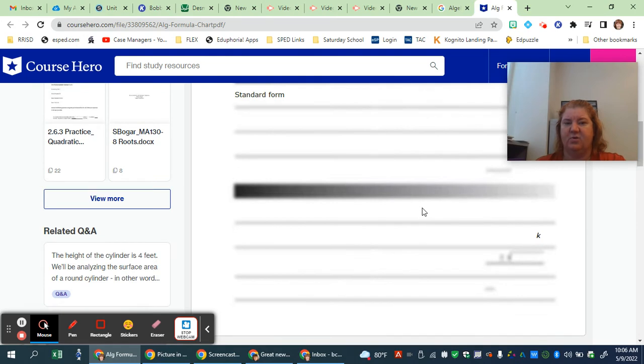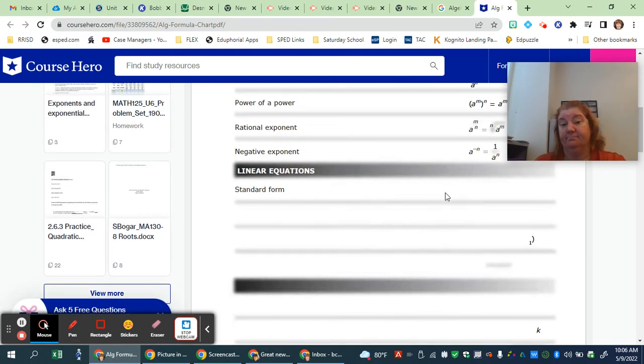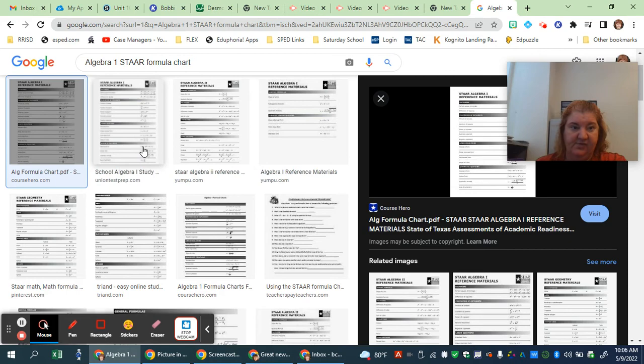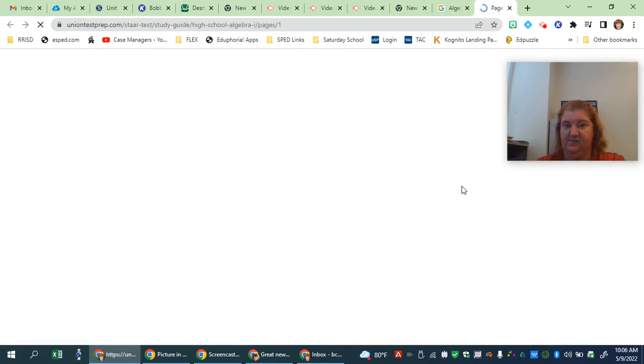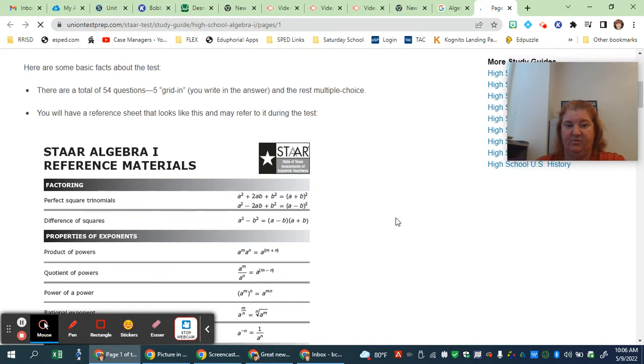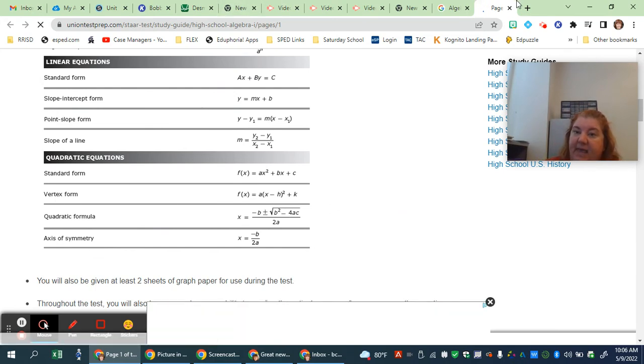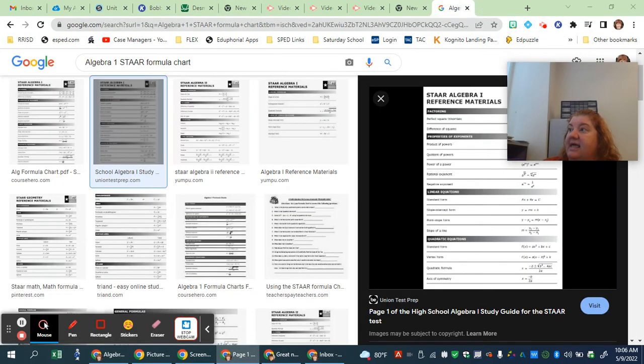Okay, so here's the quadratic formula. When it loads, I can show it to you. It's still loading. Let's pick a different one. See if this one will load. There it is. Here's your quadratic formula. Okay, so we're going to write that down.